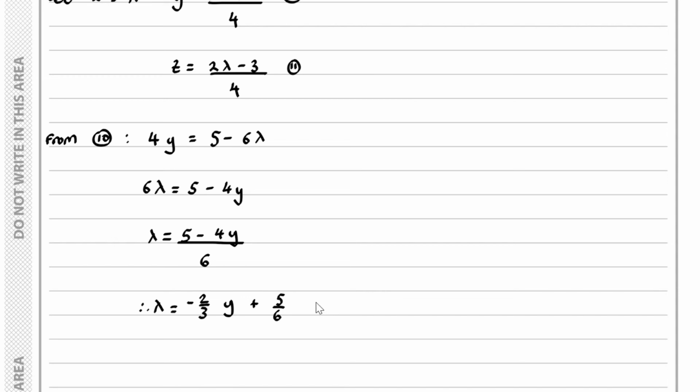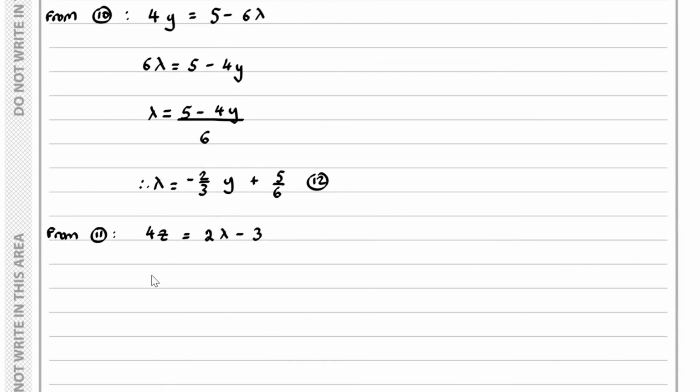Okay, we'll call this equation number 12. And what we can also do is a similar thing with equation 11. So from equation 11, we can rearrange for lambda. We've got 4z equals 2 lambda minus 3, so 2 lambda is equal to 4z plus 3.